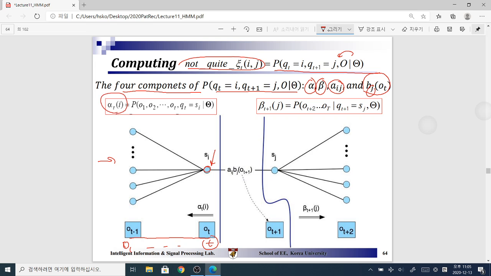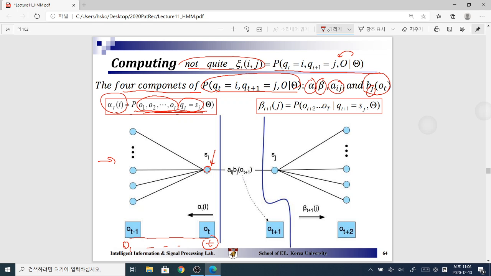So that would be essentially the forward algorithm, which is described by alpha sub t of i, which, once again, is the probability of the observation sequence from 1 to t, and being at state i at time t. So this is going to be involved in the computation of this not quite psi, which is going to be shown later on.